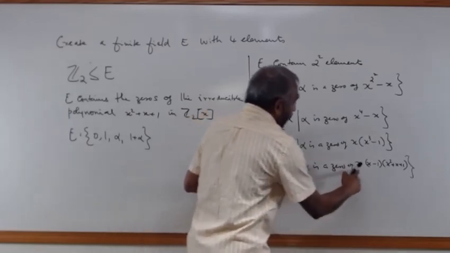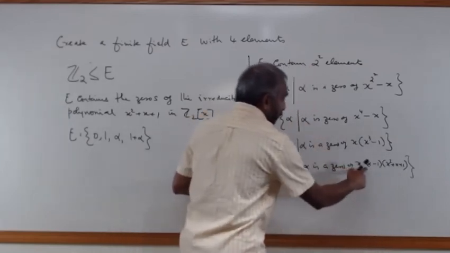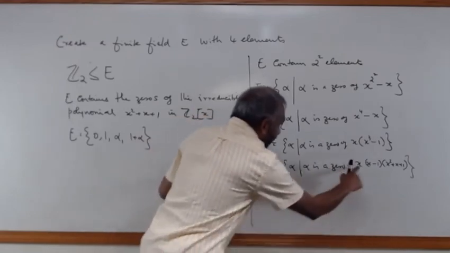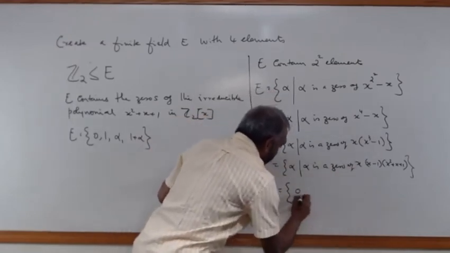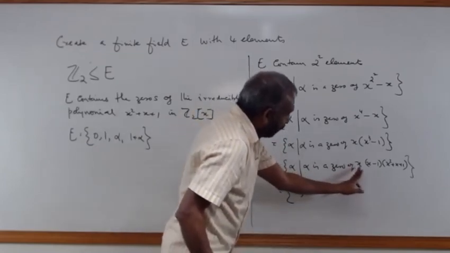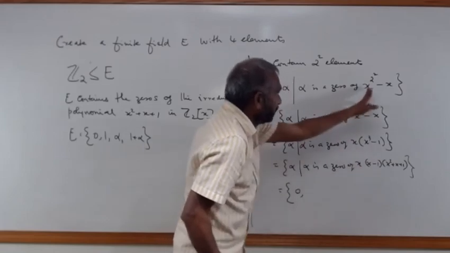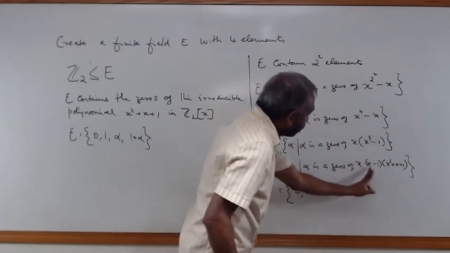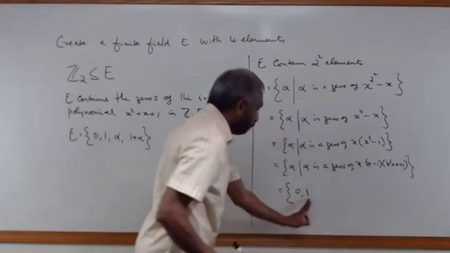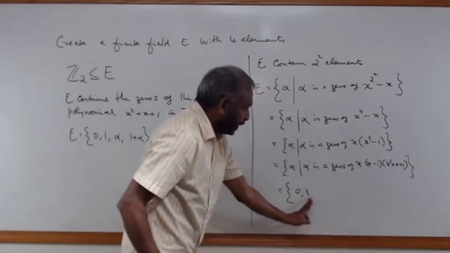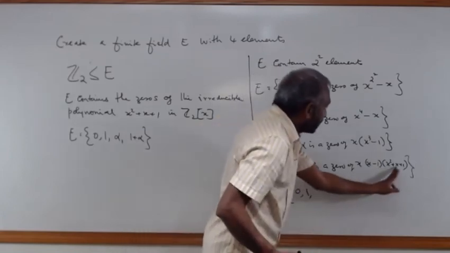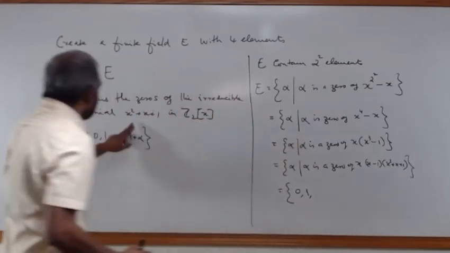So what are the zeros of this? 1 is actually a 0, because x minus 1 is a factor of this. Then you have x square plus x plus 1. That is exactly what we have here.